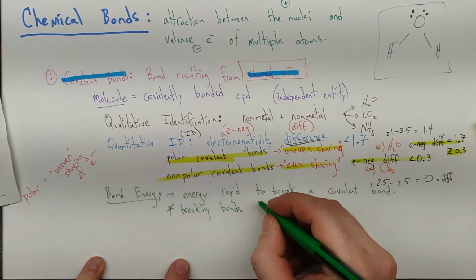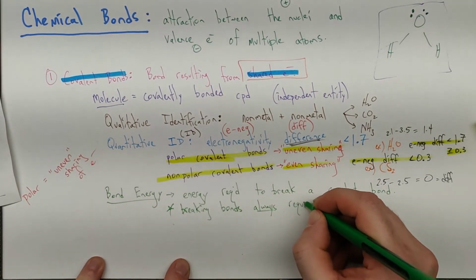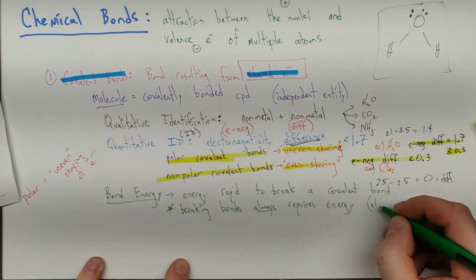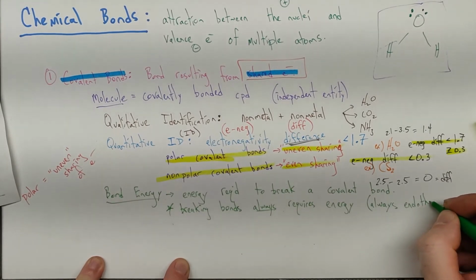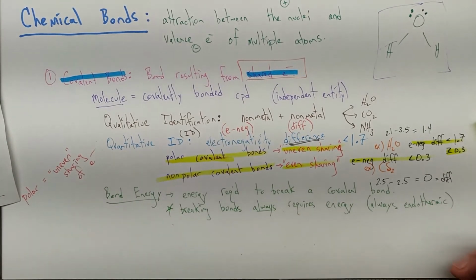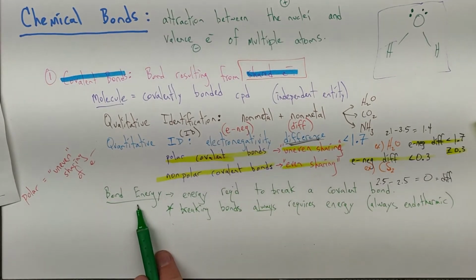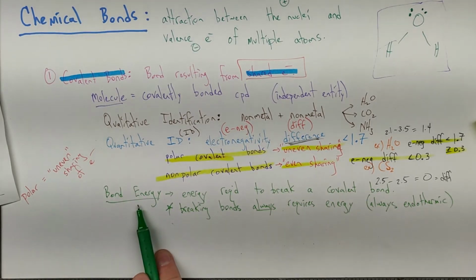It's always endothermic. And that should make sense, because if breaking bonds was exothermic, then it would be increasing entropy, most likely it would happen spontaneously, and the bonds wouldn't form in the first place.